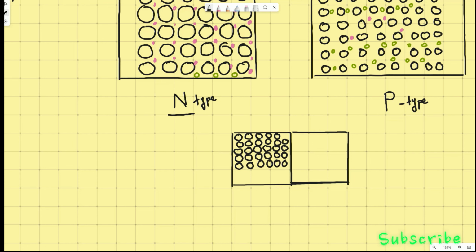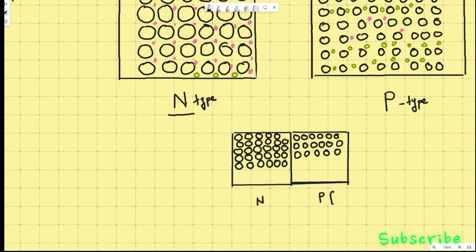All right, and let me draw boron on the other side. So I'm using N on this side, and I'm using P on this side. So this is a PN semiconductor. Okay, and I will tell you what happens. So you have this, and so on, and you can just fill this up. So this is the P side.